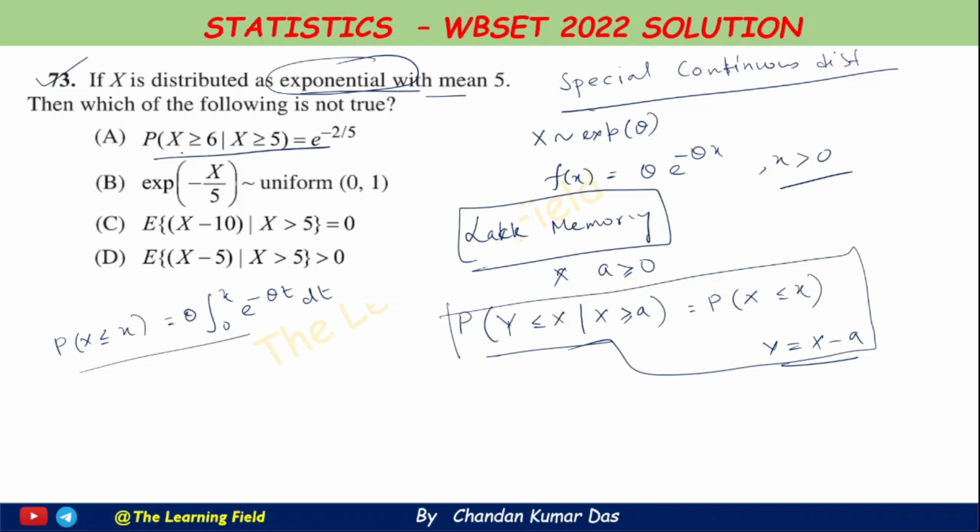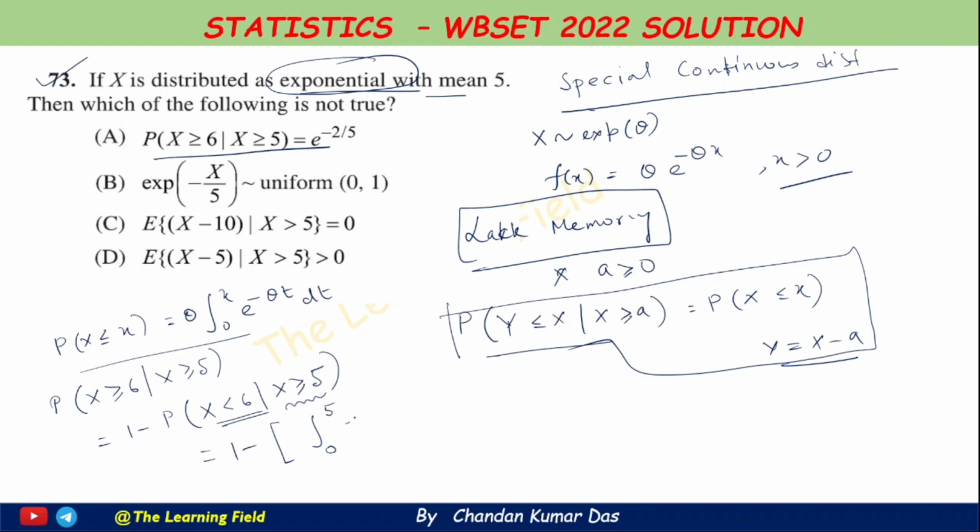Now it is given x greater or equal to 6, so the probability of x greater or equal to 6 given x greater or equal to 5 is equal to 1 minus the probability of x less than 6 given x greater or equal to 5. From this definition, the probability of x less or equal to 6 would be the integration from 0 to 6, but the condition x greater or equal to 5 has already occurred, so we don't need this part and integrate from 0 to 5.